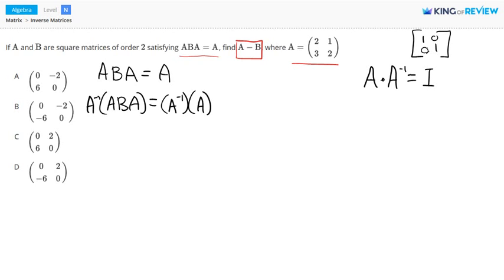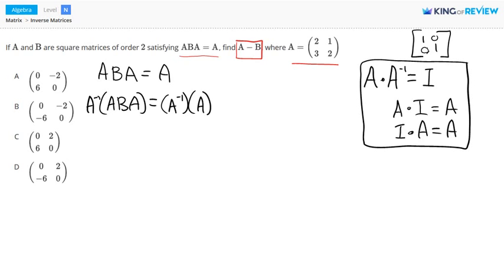One property about the identity matrix is that if you have a matrix, let's call it A, and you multiply it by the identity matrix, you end up with the original matrix A. You can also have I, the identity matrix, times matrix A, and you will still get matrix A. So let's keep in mind this information when we solve the problem.